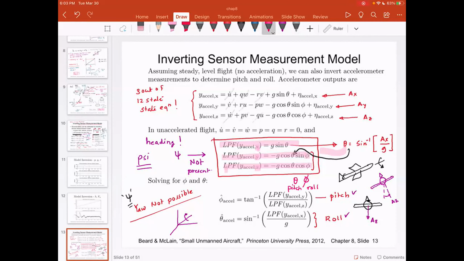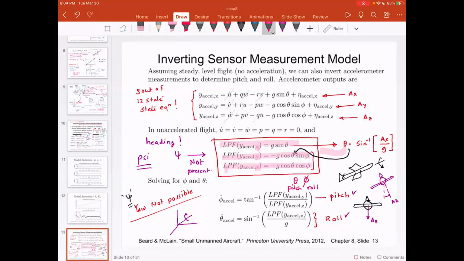But with a magnetometer, the problem is if you are in the vicinity of ferromagnetic objects, the magnetometer would deviate. It will have soft iron and hard iron errors.